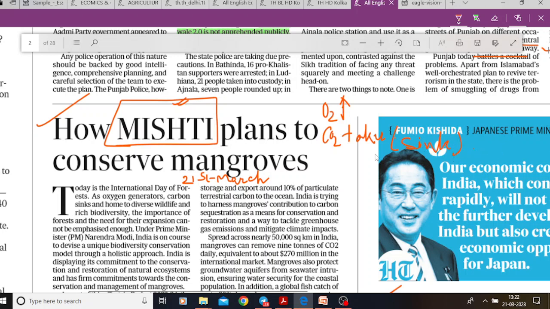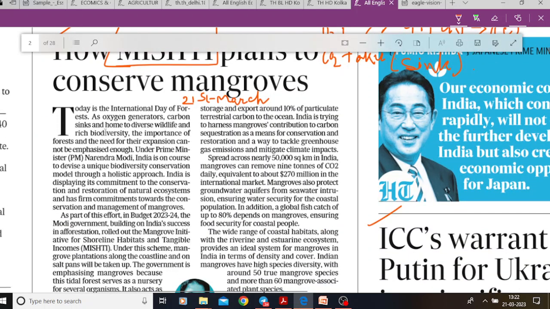Okay, so basically it helps in greenhouse gas emission prevention. Okay, there will be less greenhouse gas emission, and ultimately we are tackling climate change. Other than that, forest is home to diverse wildlife and rich biodiversity, and forest can give you multiple forest based produce like wood, timber, paper, and others.